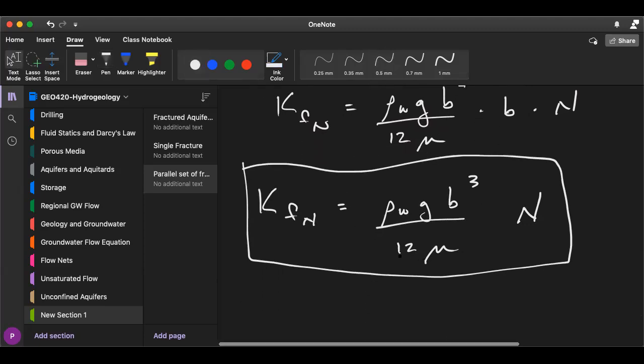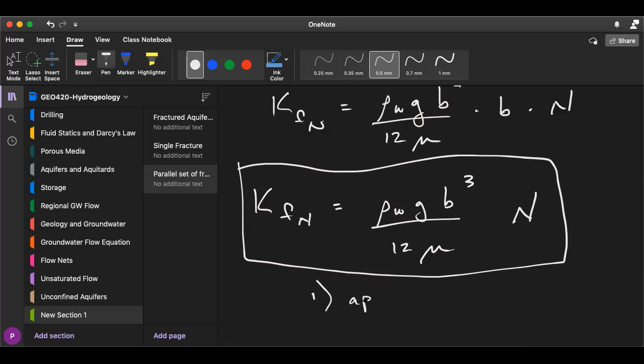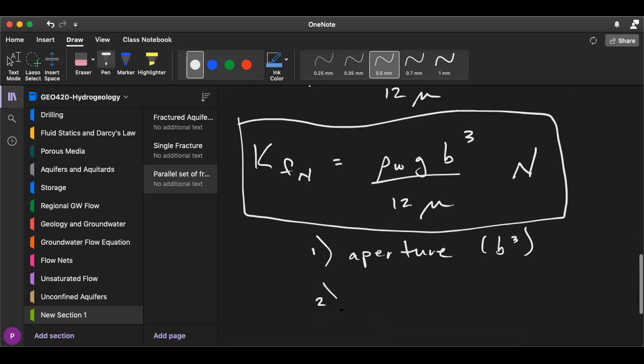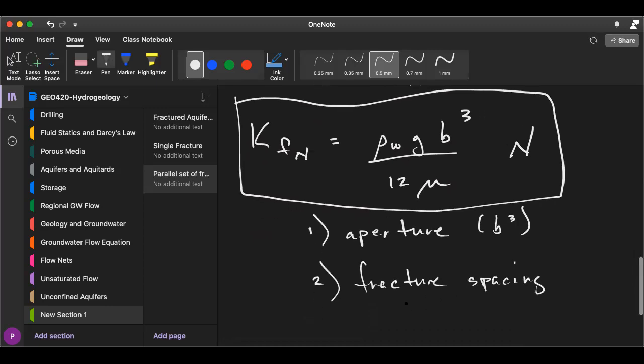So this implies that if I've got a set of fractures, which I hardly ever have a single fracture, I've always got a set of fractures, my hydraulic conductivity is a function of aperture, and it goes as B cubed. And my fracture spacing, here characterized as the fracture density.